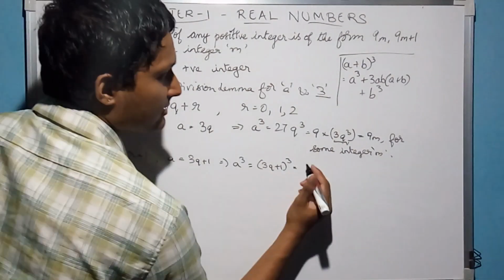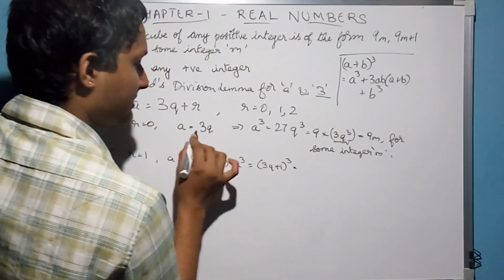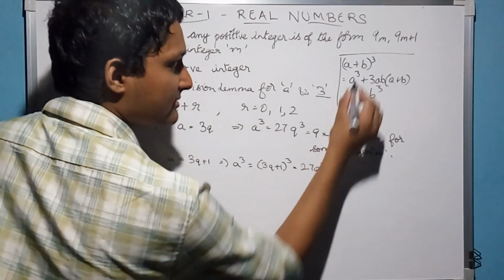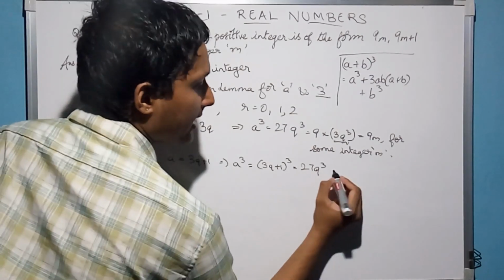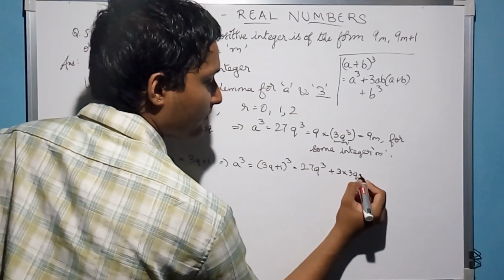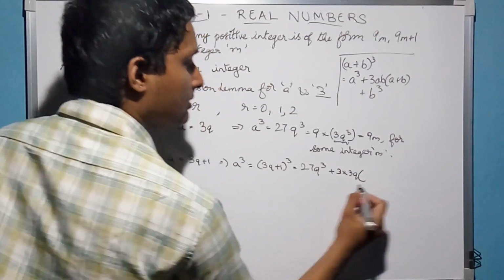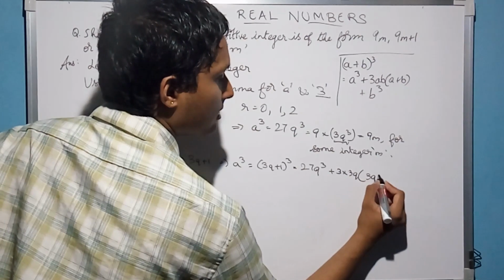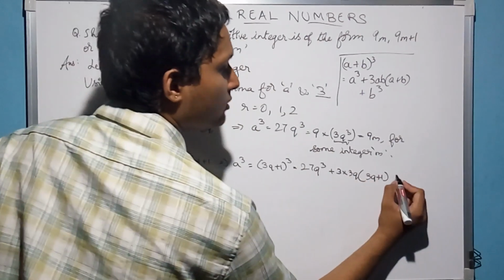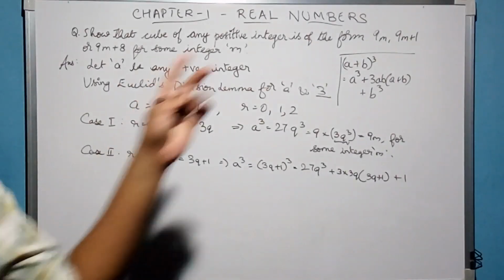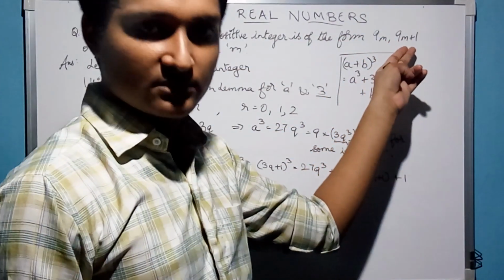So I'm just using this: (3q) whole cube, that is 27q cube, that is the a cube, then 3ab, 3 into a is 3 cube into 1 let it be, then (a plus b) as it is, 3q plus 1. Whole cube of b is 1. So 1 is the extra integer you are going to get in this, so it goes to this format.